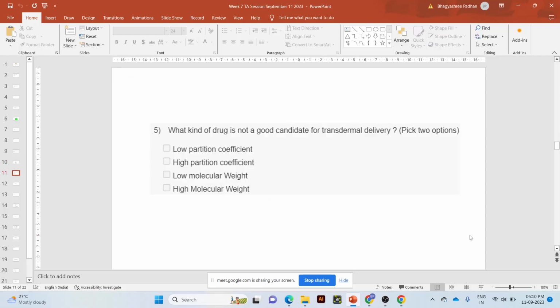Okay. So next question, which kind of drug is not a good candidate for transdermal delivery? You have to select two options. Low partition coefficient and high molecular weight, ma'am, first and fourth.